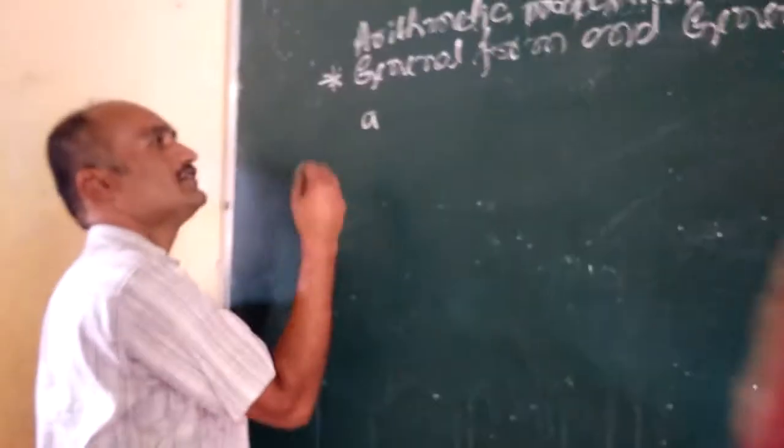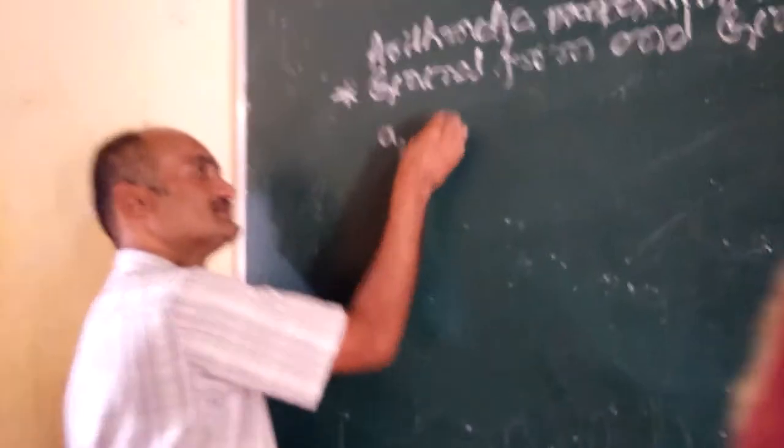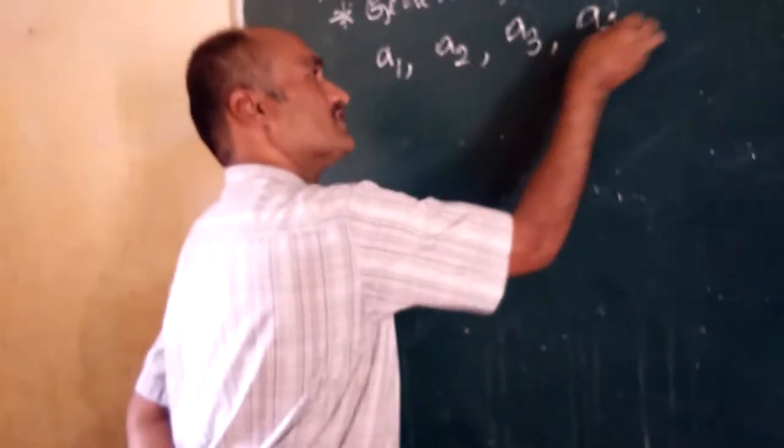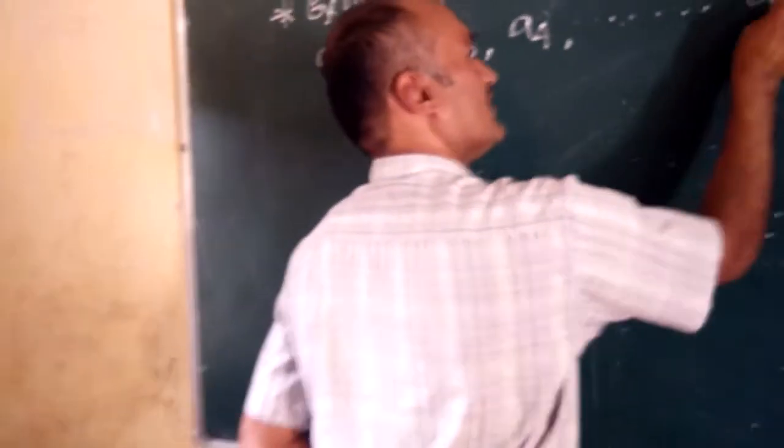So the general form of an arithmetic progression is A1, A2, A3, A4, and so on, up to the 10th term.